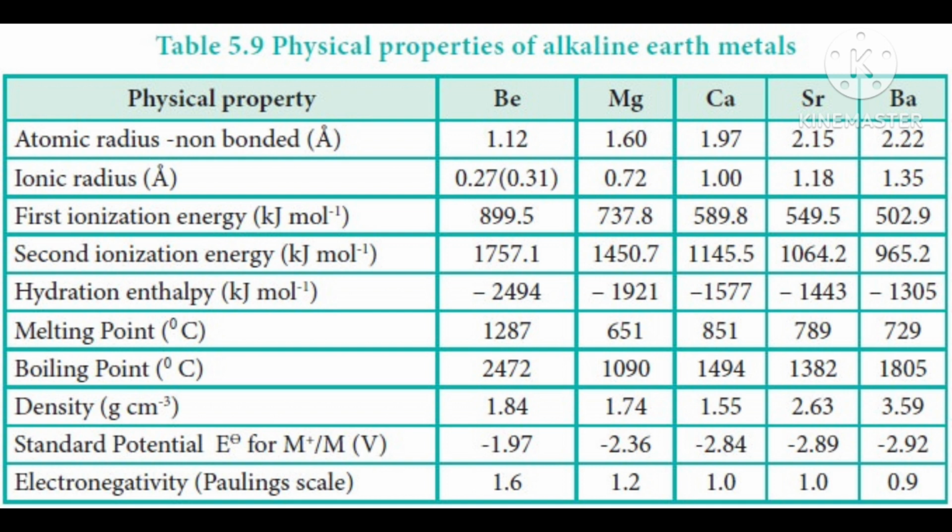Just like group 1 metals, they show characteristic colors in flame. In a Bunsen burner oxidizing flame, calcium will give a brick red color, just like a brick you have seen, strontium will give a crimson color, and barium will give apple green.